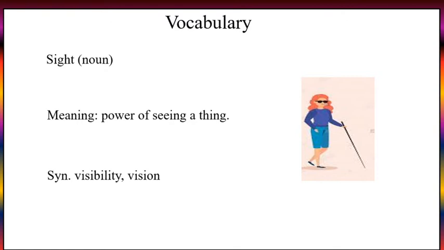But if you think about an alternative meaning of this word, sight, it means scenery, a beautiful scenery, a scene that you see is also called sight. So if we write, the woman lost her eyesight.